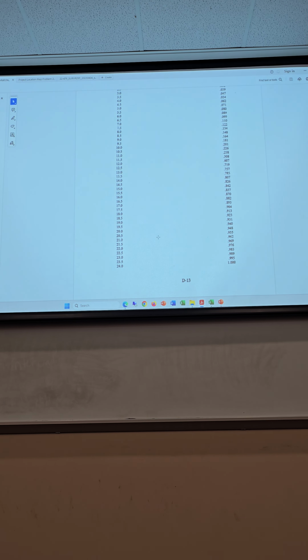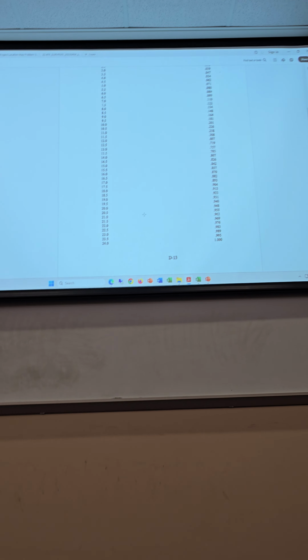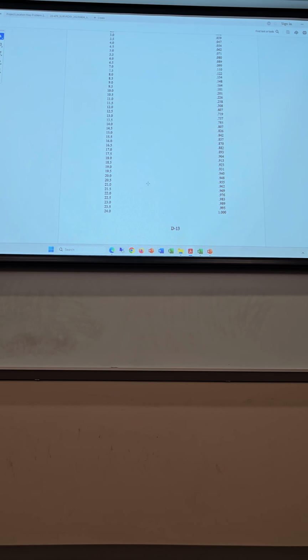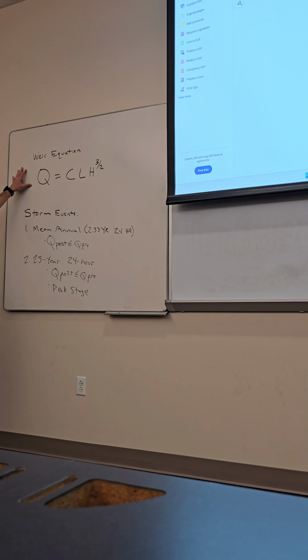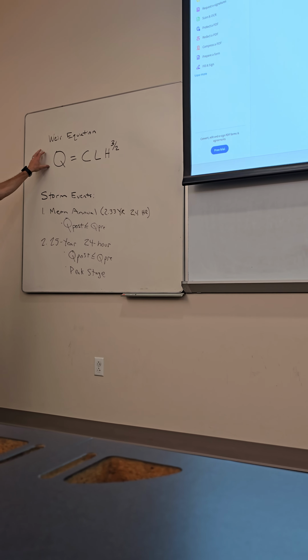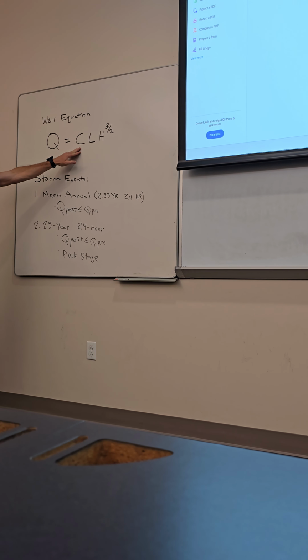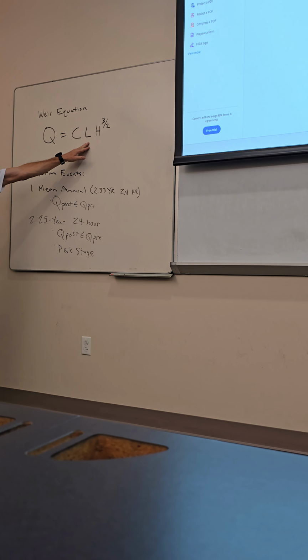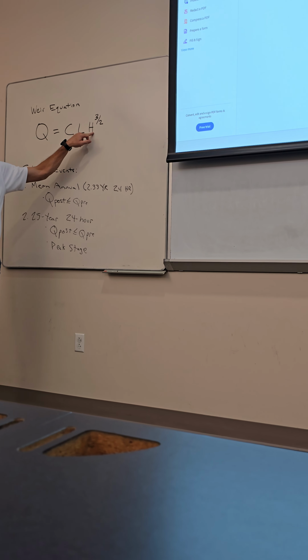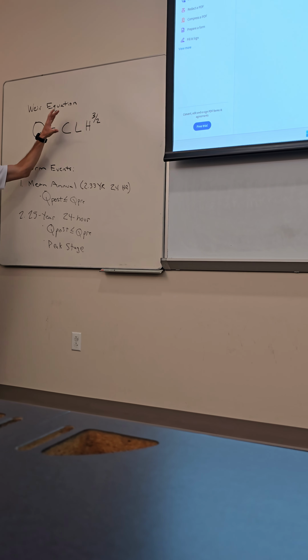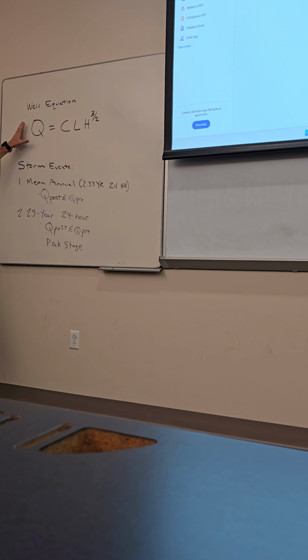All right, so the other thing I wanted to highlight before we get into PondPack. The first is, I didn't mention this specifically last class, but the weir equation, hopefully you all have seen that. It's flow equals the weir coefficient times the length of the weir times the head, okay? So this is what you're thinking about when you design your outfall structure.